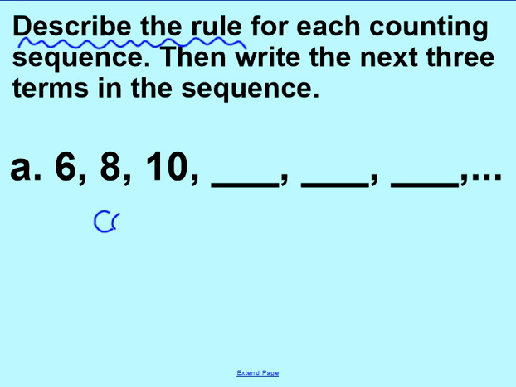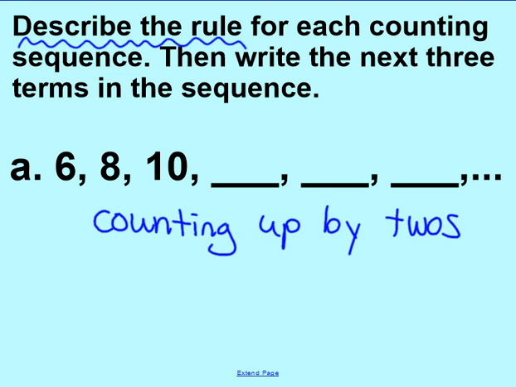I am counting up by how many? 2's. And therefore my next number, 10 plus 2 is 12. 12 plus 2 is 14. 14 plus 2 is 16.